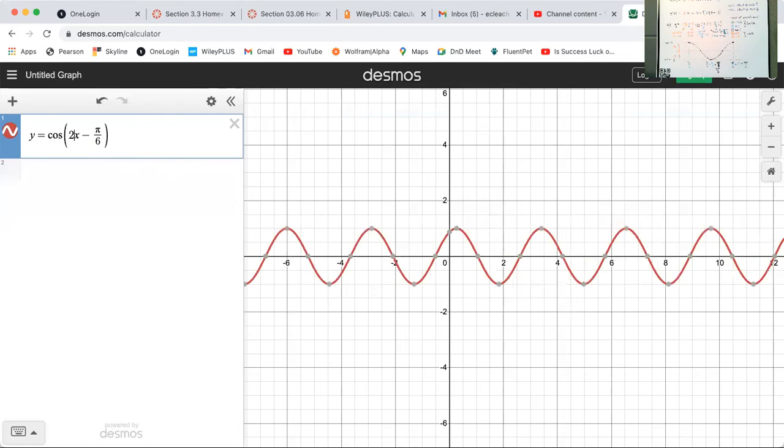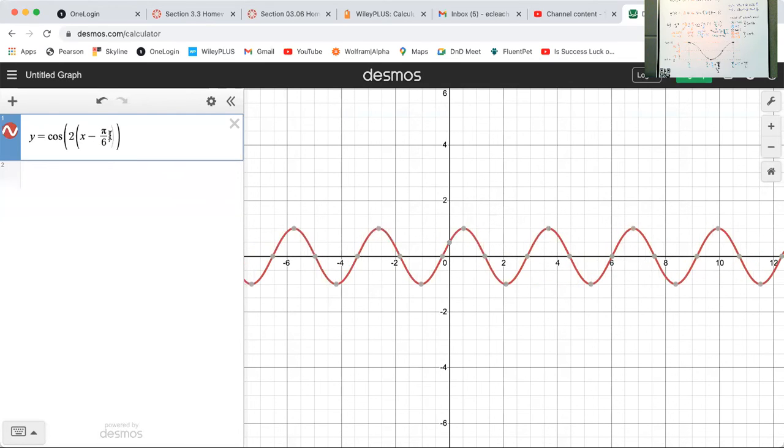I forgot it's 2 times pi over 6. Now I've compressed the graph horizontally. So here's my top at pi over 6. Here's the next top at 7 pi over 6. Here we are halfway at 2 pi over 3. Oh, I forgot to calculate 5 pi over 12 and 11 pi over 12.